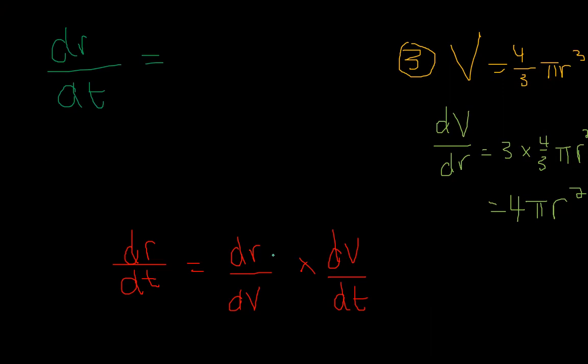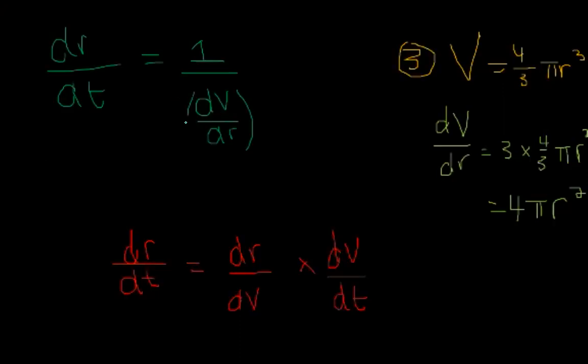That dr on dV is actually the same as saying 1 divided by dV on dr. And of course, you put back your dV and dt, right? Because that didn't change.